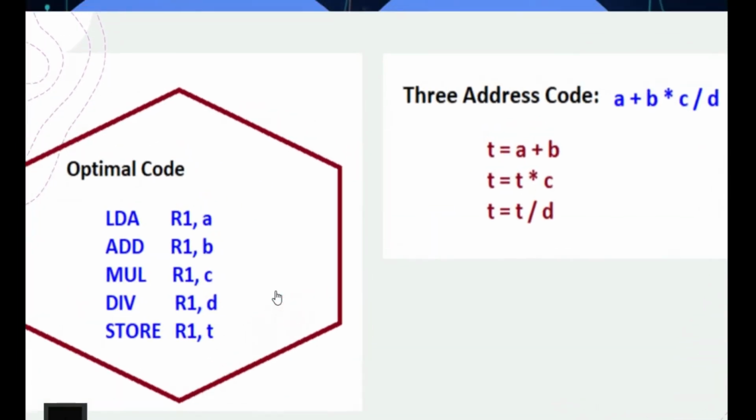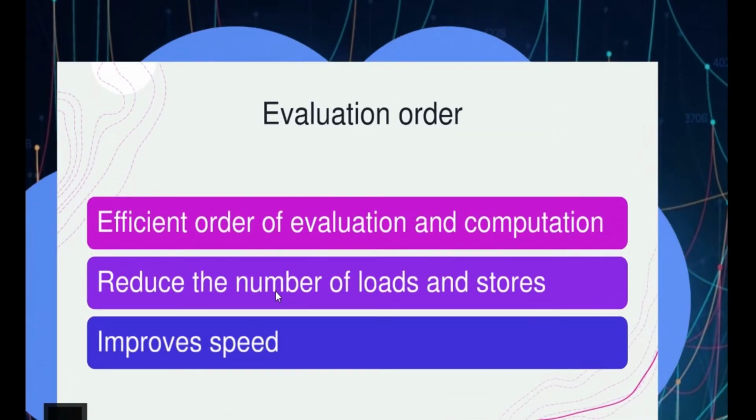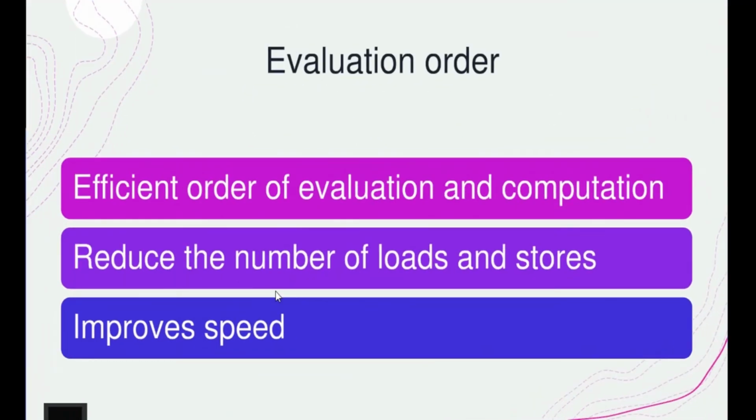Okay. Next, evaluation order. See, evaluation order uses the efficient order of evaluation and computation, and it also helps to reduce the number of load and store operations, and it also improves the speed of the code generation. Some computation orders require fewer registers to hold intermediate results than others.